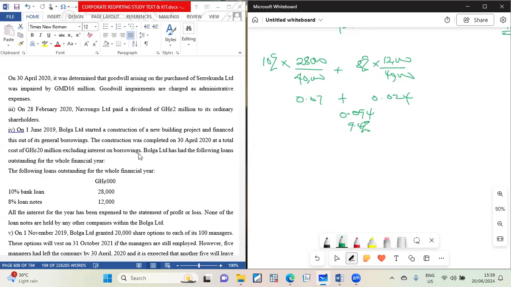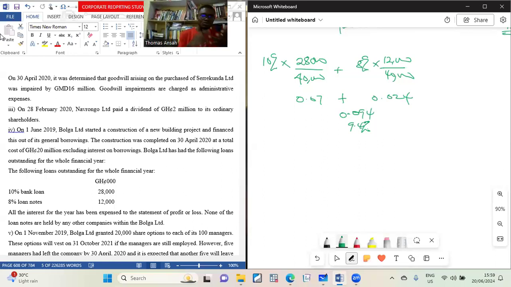We know that the fund borrowed here is 20 million. But when was it borrowed? We said that the capitalization commenced June 19, to April 30th, 2020. How many months is that? These things are very tricky. June, July, August, September, October, November, December, that is 7. January, February, March, that is 10.